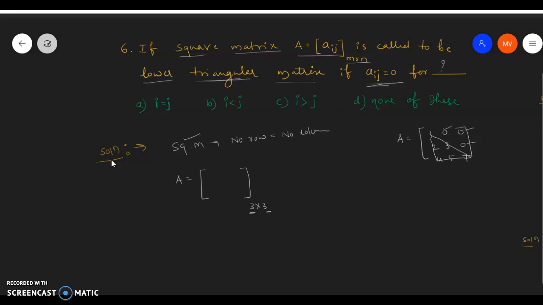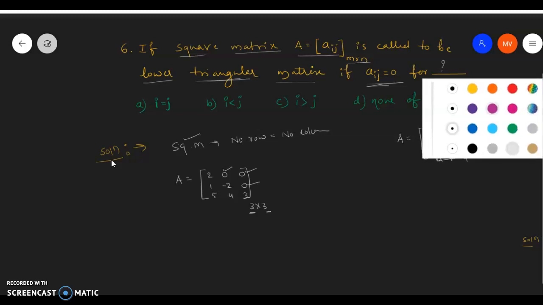Let us take this value as 2, this is 0 and this is 0, and this 1 you can take as minus 2. Here it is 0. Again 5 4 3. This value and this value are equal to 0. Which entries are they? How can we write it?